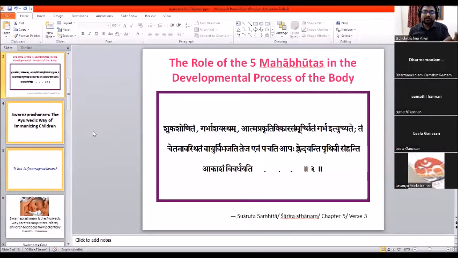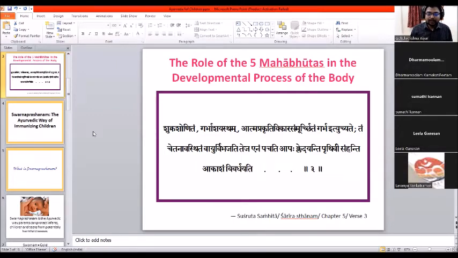So this is about the intrauterine life. And even after the birth of the baby, the 5 Mahabhutas, through the 3 doshas, perform these functions. So the baby's growth keeps taking place.